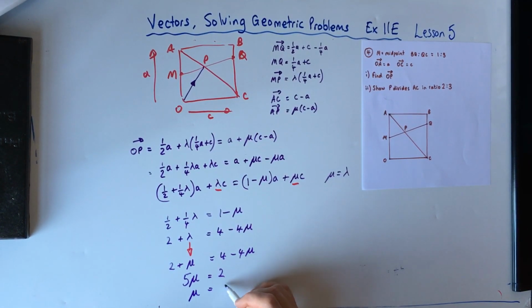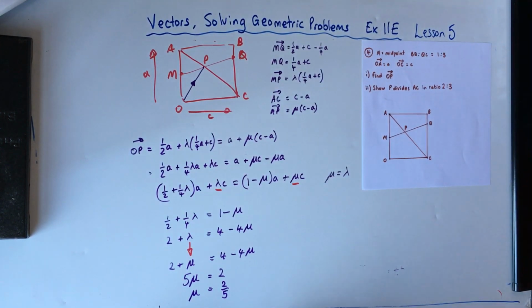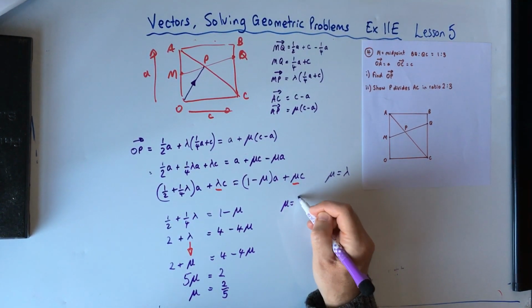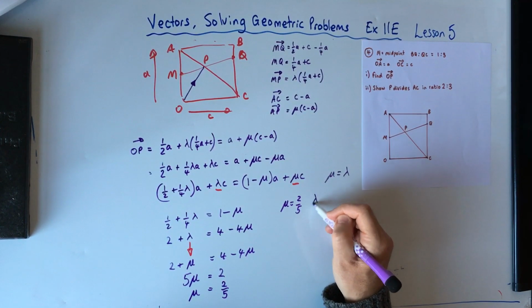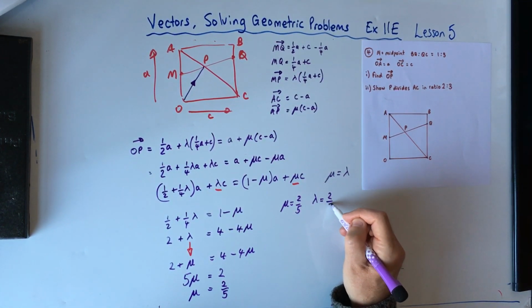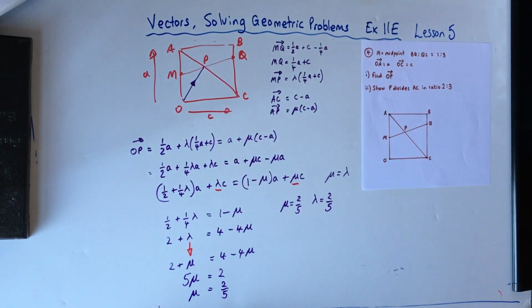Mu is equal to 2/5, so if mu is equal to 2/5, lambda is also equal to 2/5. Okay, so I've got those now.